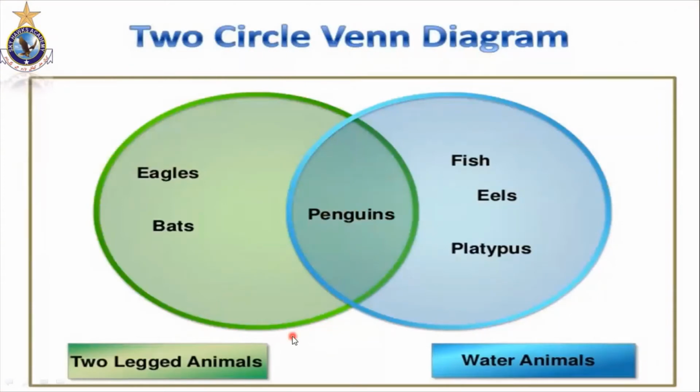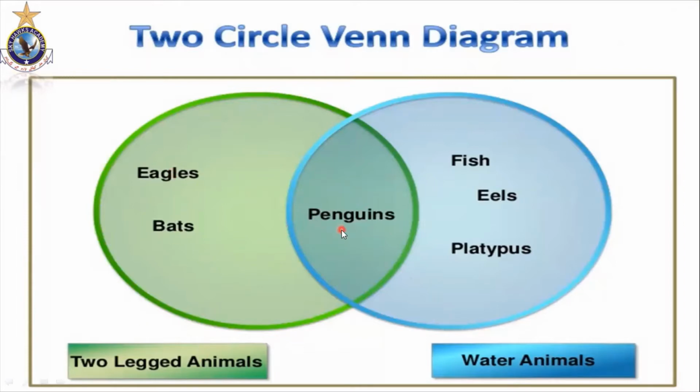Now you can see here the two circle Venn diagram. This greenish line circle is two-legged animals: eagles, bats, and penguins.